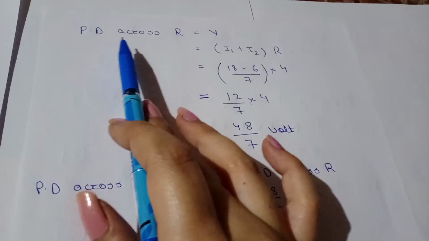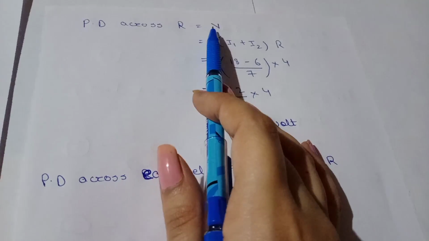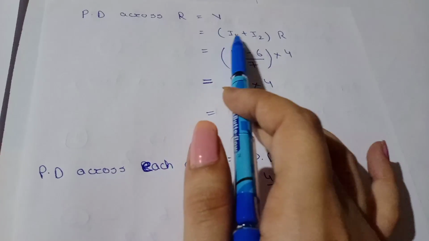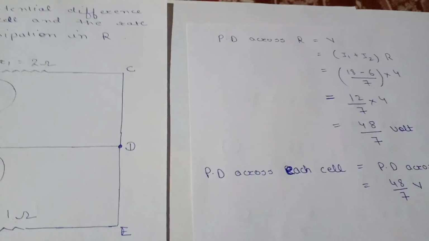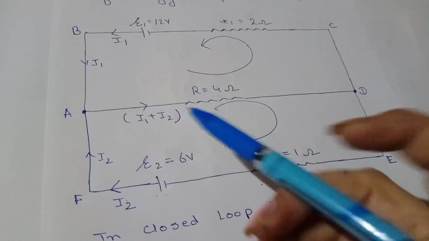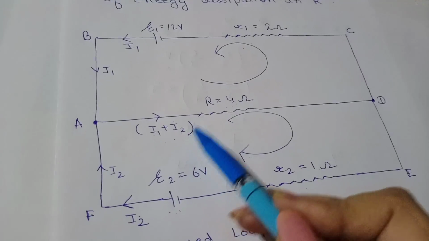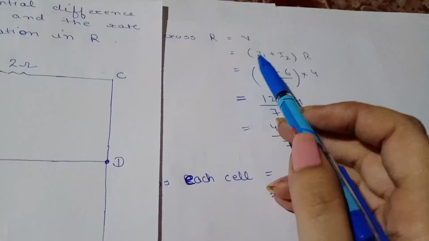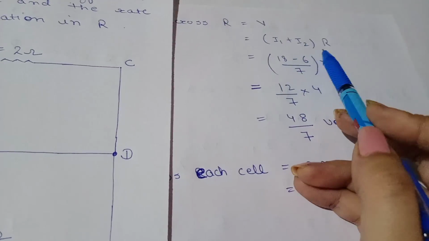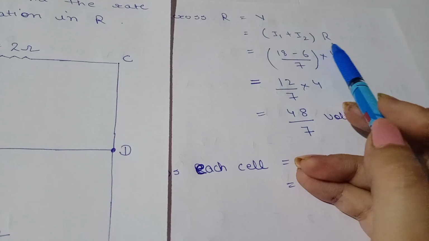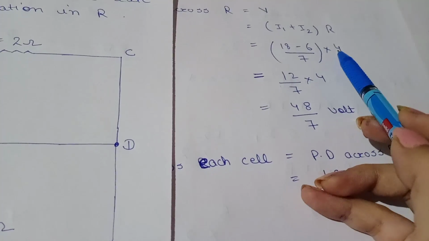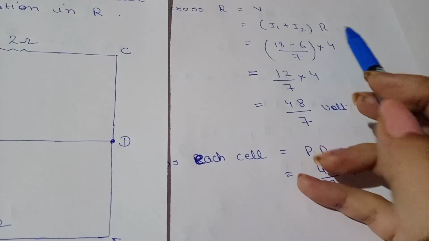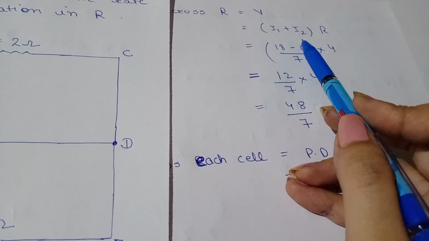Potential difference across R is V and the formula of V is IR. Here our I is I1 plus I2 and R is 4. So I put I1 plus I2 and here R. We already know the value of R is 4, and we also found the values of I1 and I2.